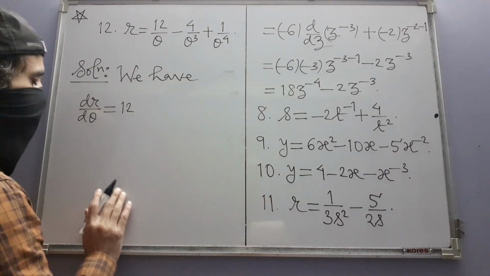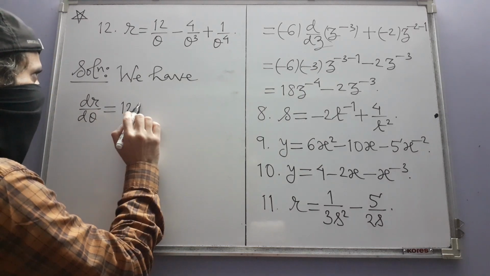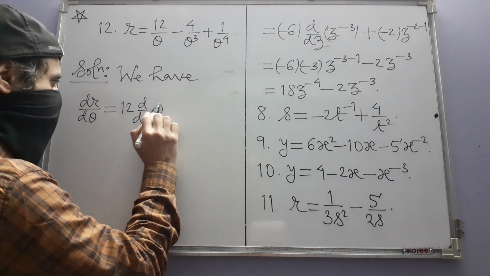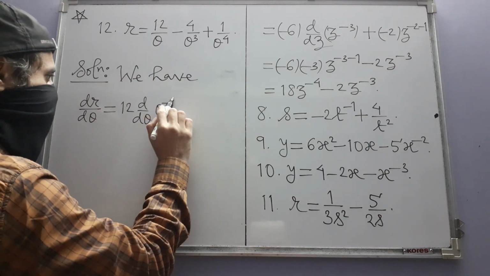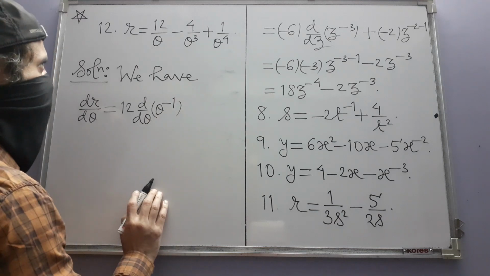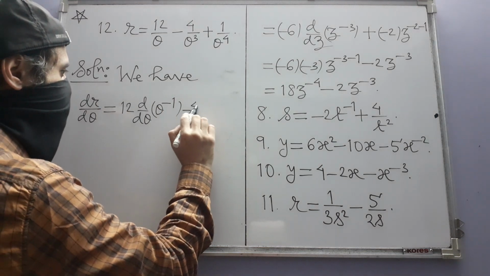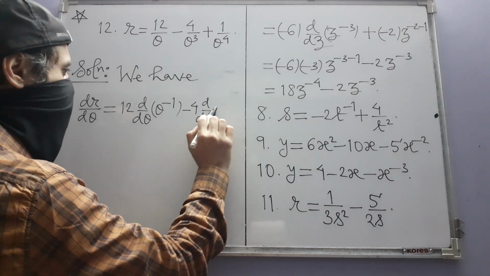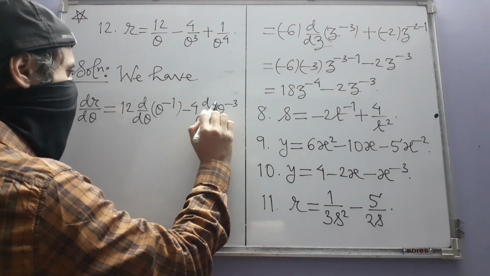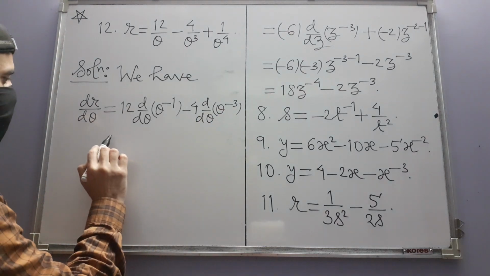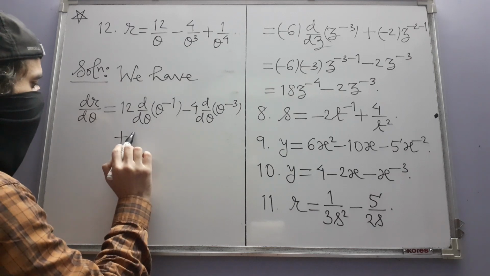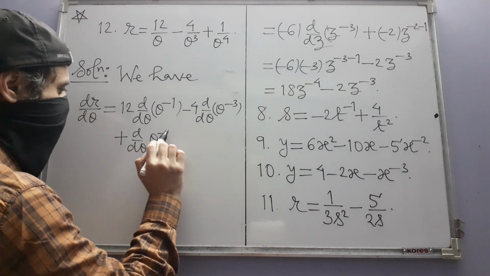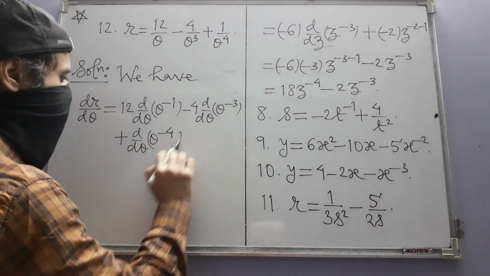I have already taken the constant out and I am differentiating because 1 over theta means theta to the power minus 1, minus 4 times theta to the power minus 3 plus theta to the power minus 4.